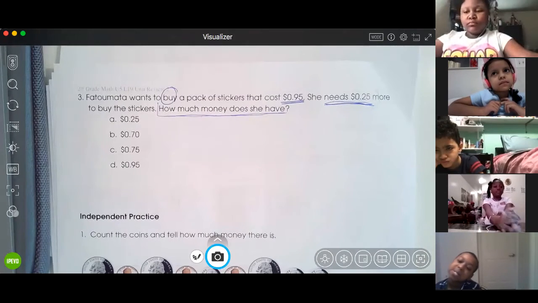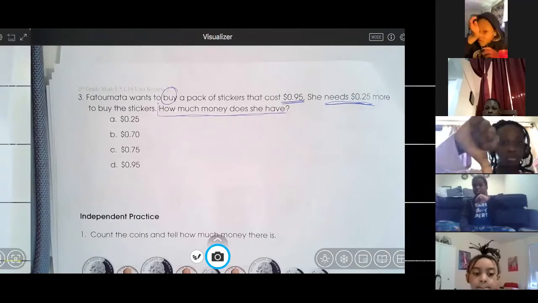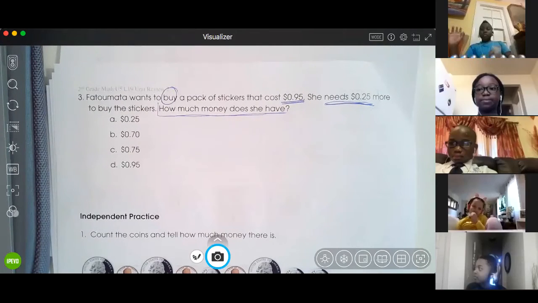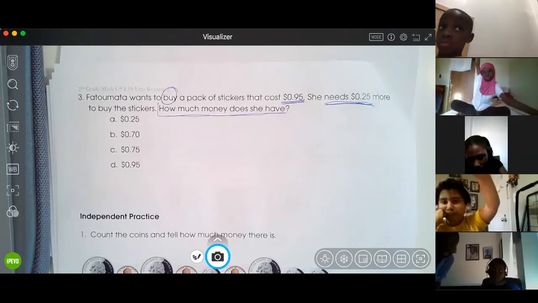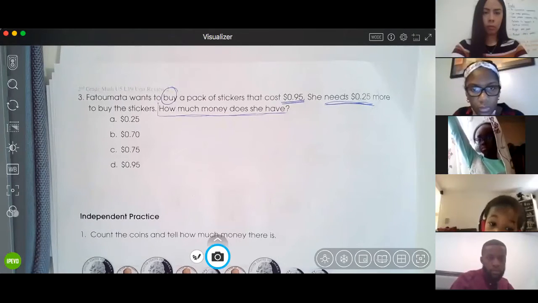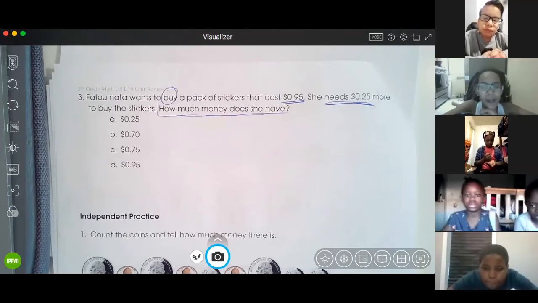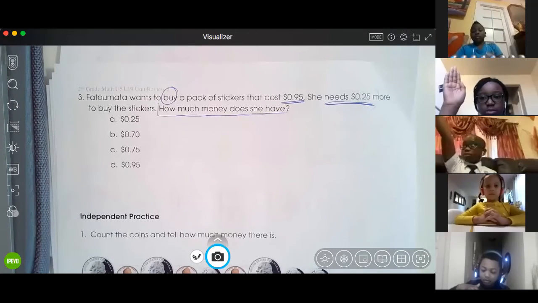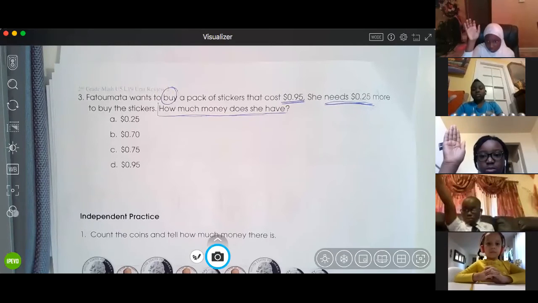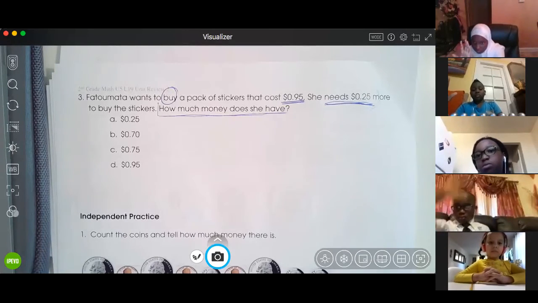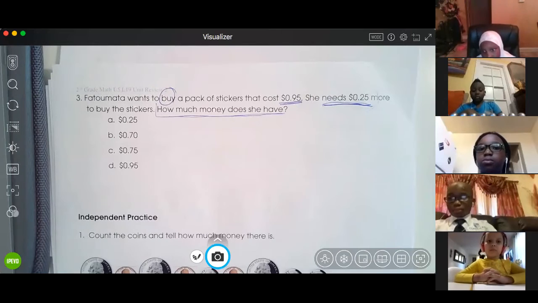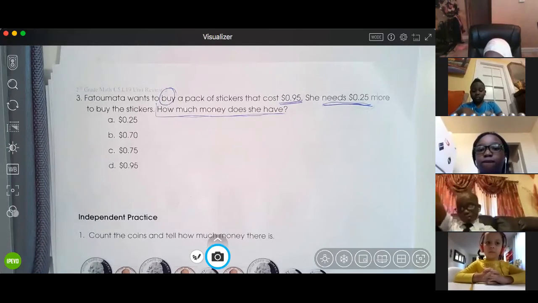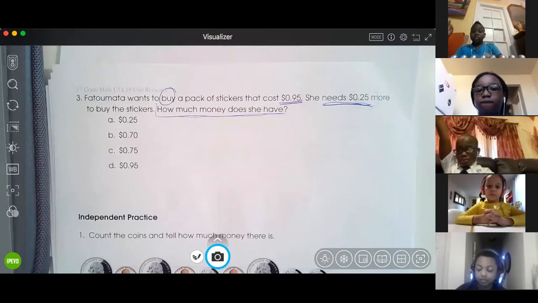Looking for a scholar to share what is their plan to solve by giving me a labeled number sentence. Go ahead. Sorry. Mia, do you want to share with us? Nomar, you look awesome as well. Go ahead, Nomar.